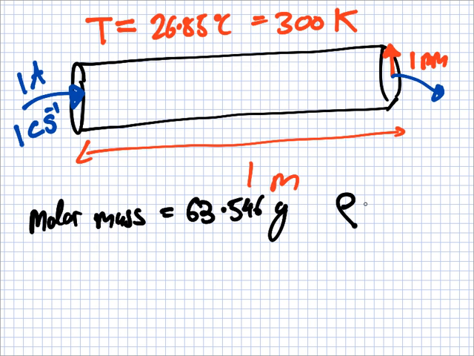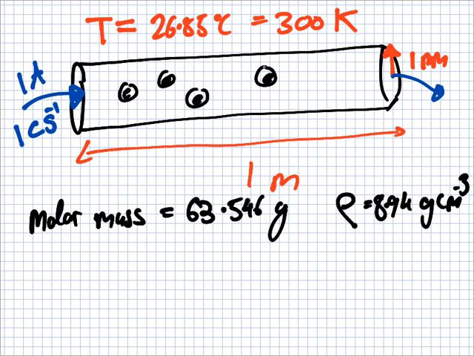Now that's density is 8.94 grams per centimeter cubed. And also we know that copper has 1 free electron per atom. So you know, you did this in chemistry, you have free electrons in copper and they move around. Maybe you called it like a sea of electrons, ocean of electrons.